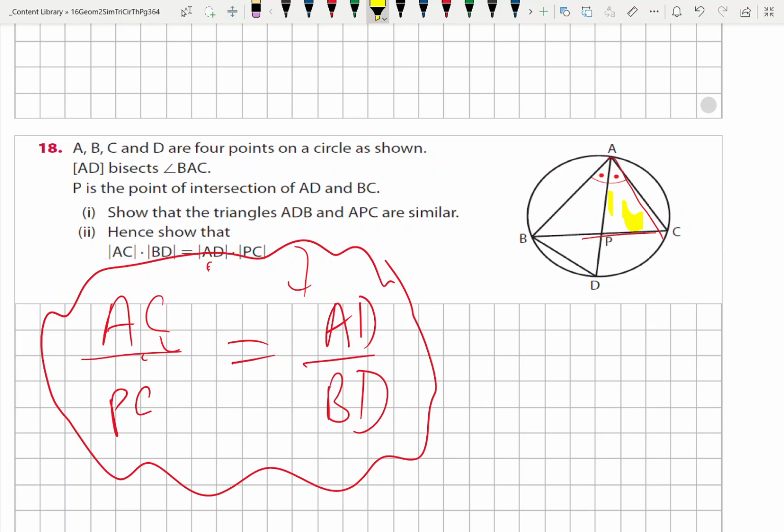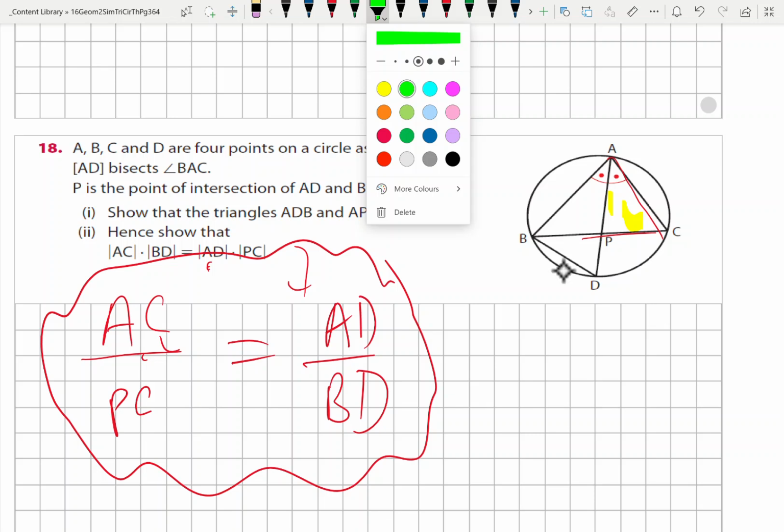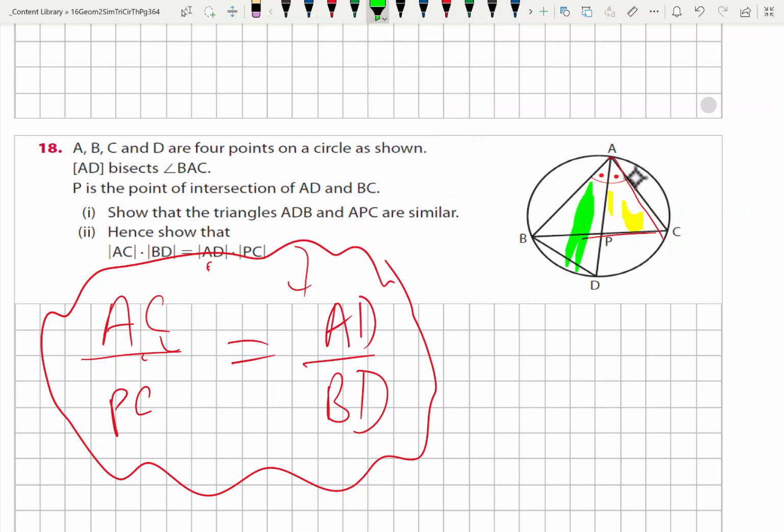Okay, so I need another angle. So I've got my single dot. Let's go with a blue dot, and I'll say those two angles are equal because they stand on this, and that's it.